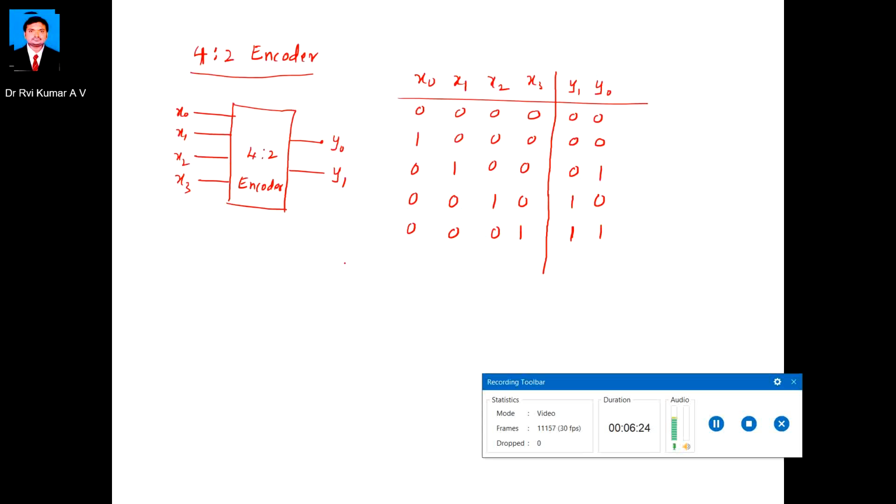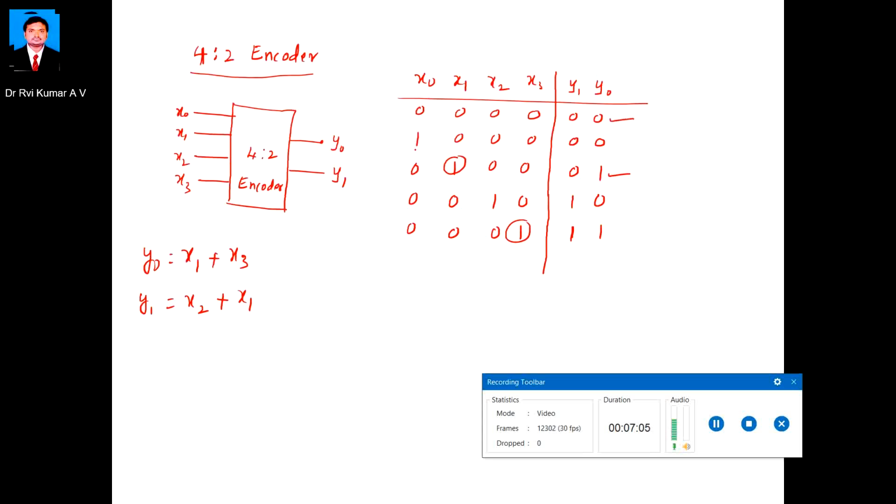Now we can see what the problem is here. y0 is equal to x1 plus x3 and y1 is equal to x2 plus x3. If you are not given any inputs, you get 0.